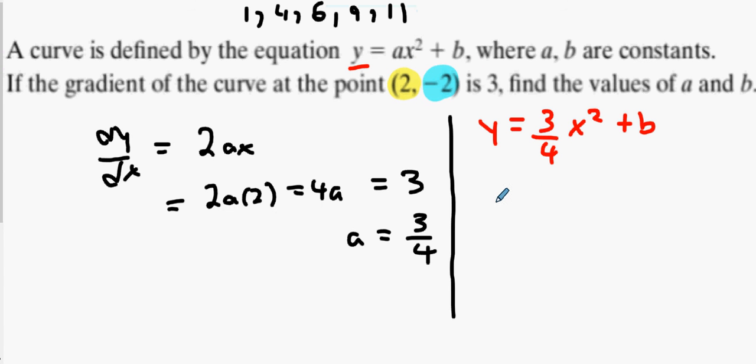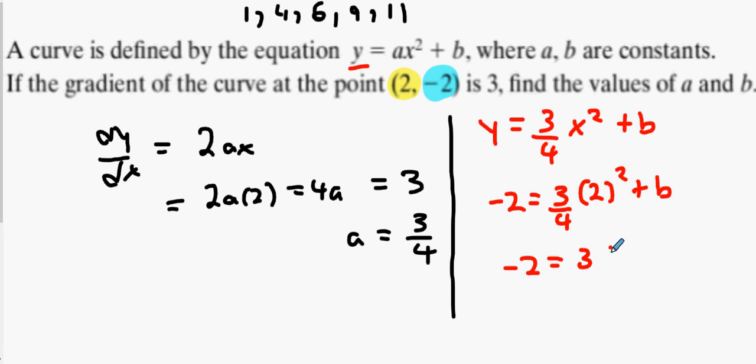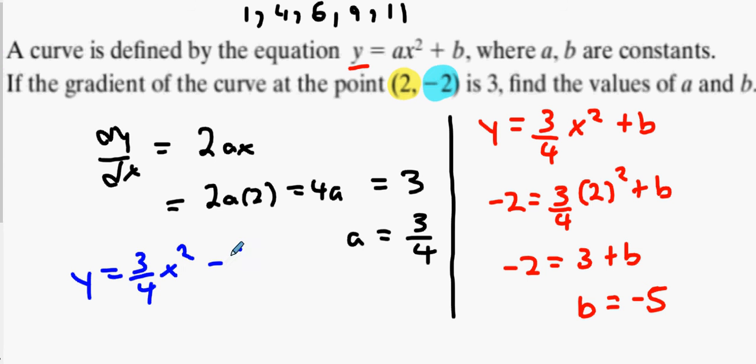Replace y with minus 2, because that's the answer when you use x equals 2. And what you're going to get is minus 2 equals 3 plus b. This implies that b equals minus 5. Implies the formula we have is y equals 3/4 x squared minus 5.